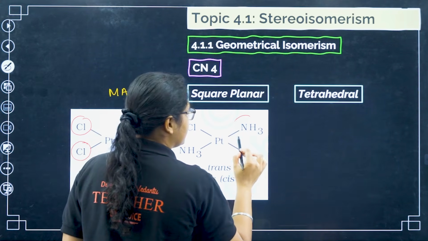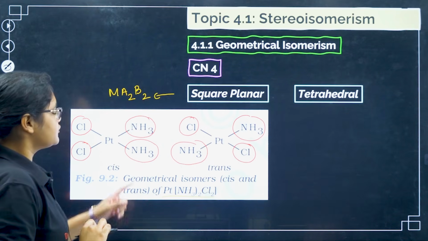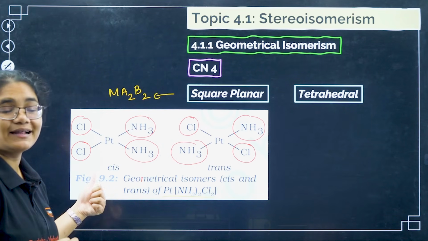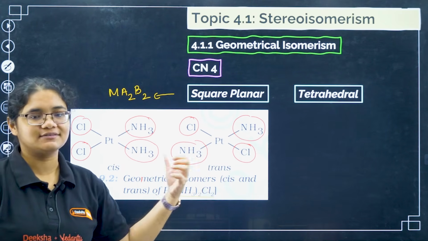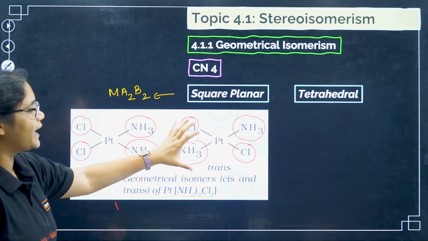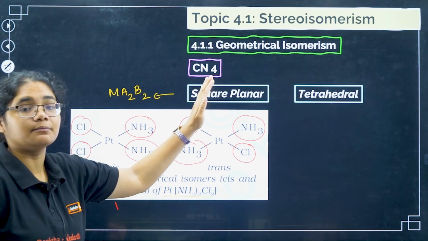Next you have 2 NH3 on the opposite sides and 2 chlorines on the opposite sides. When they are on the same side, we call it the cis isomer, and when they are on the opposite side, we call it the trans isomer. So these are the 2 types of geometrical isomerism for coordination number 4.